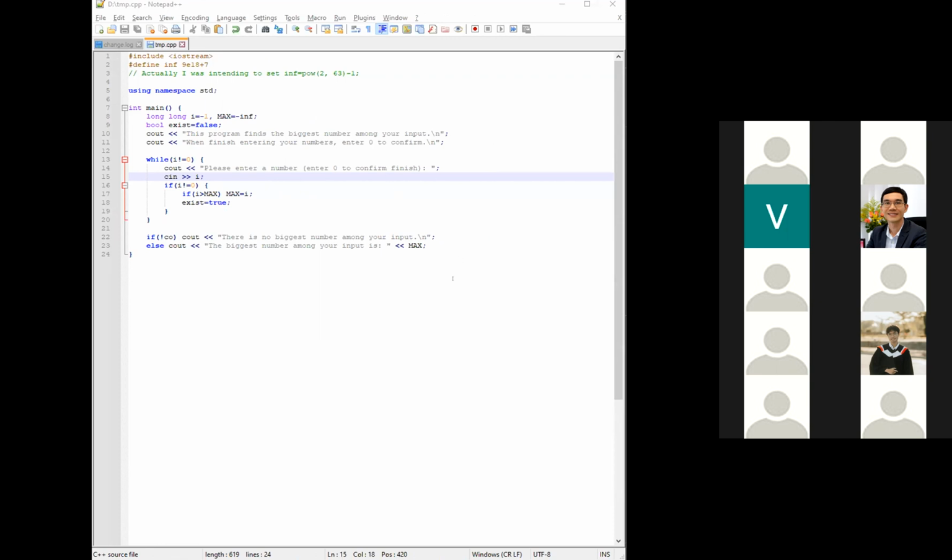So again, your friend is setting up here the while loop. So please have a look. If it's okay, this program finds the biggest number among the ones you input, and when you enter 0, it stops.